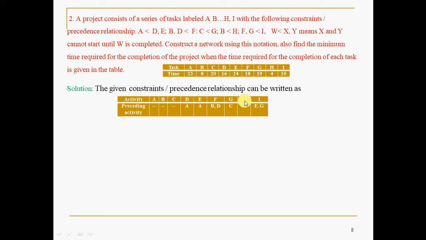After B, H. To start H, the preceding activity is B. That is the meaning of this. And after completion of F, G only, you take I. See, whatever is given in the form of notations, like mathematical or logical relationships, has been converted for our convenience. Like this, nothing else.